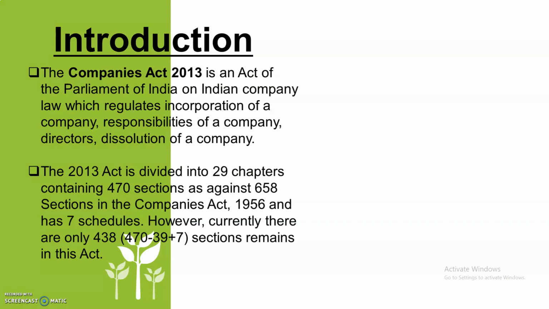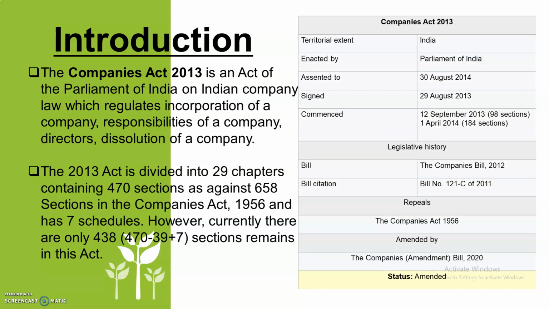Currently, this particular act has 29 chapters which contain 470 sections as against 658 sections of the Companies Act of 1956, and has 7 schedules. However, currently there are only 438 sections remaining in this act.